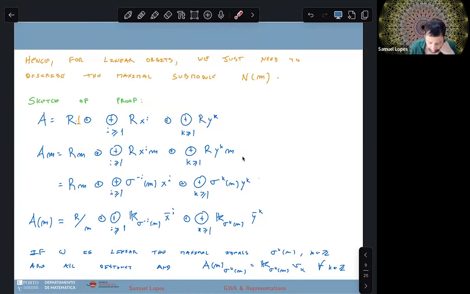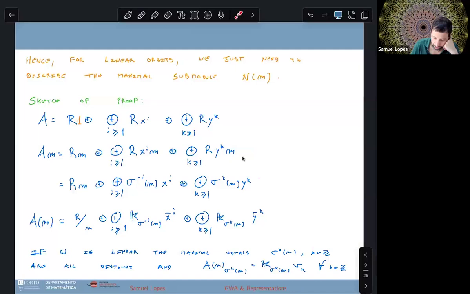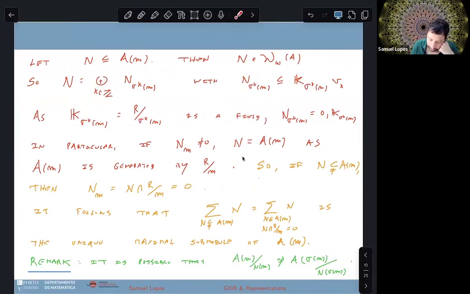Well, if I have a submodule, I know that the submodule is still a weight module. That's the exercise, right? I'm not assuming it's maximal yet. I can decompose it as a sum of weight spaces, which are actually subspaces of the weight spaces of A, because N is a submodule of A. So for example, the weight space corresponding to this ideal, sigma to the k of m, must be contained here, because that's the corresponding weight space for A of m.